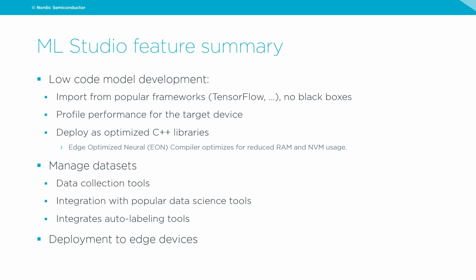You can also deploy as optimized C++ libraries, optimized using the EON neural compiler that Edge Impulse creates, which reduces RAM and non-volatile memory usage. It also has dataset management tools, for collecting data to train on, and for doing data science operations on your existing datasets.